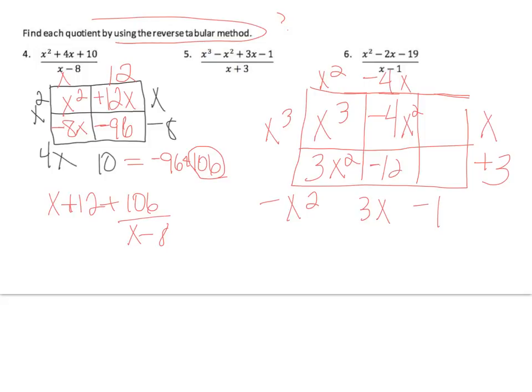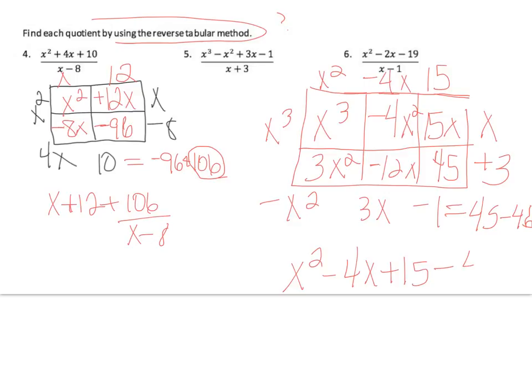Negative 12x. And then to get 3, I would need a positive 15x, which would mean I need 15 up here. 15 times 3 is 45. Negative 1 would be 45 minus 46. That's a negative 46. So our answer is x squared minus 4x plus 15 minus 46 over x plus 3.